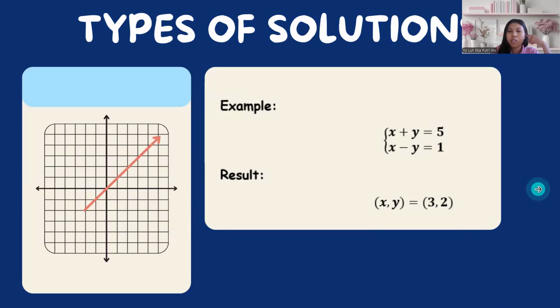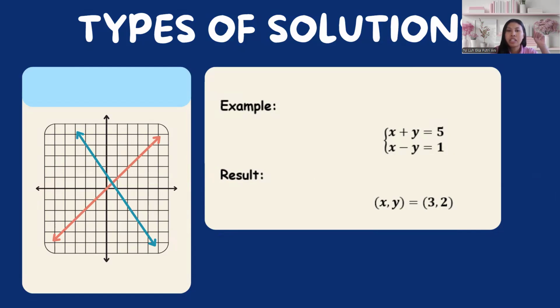Now we are going to learn about the types of solutions in a system of linear equations of two variables. A system of linear equations can have one of three possible outcomes.